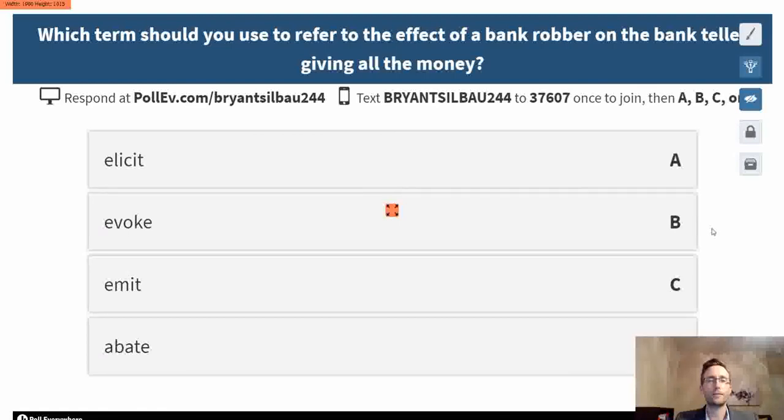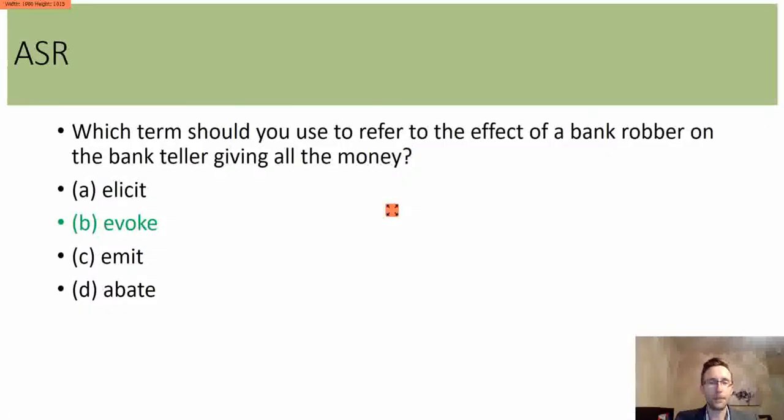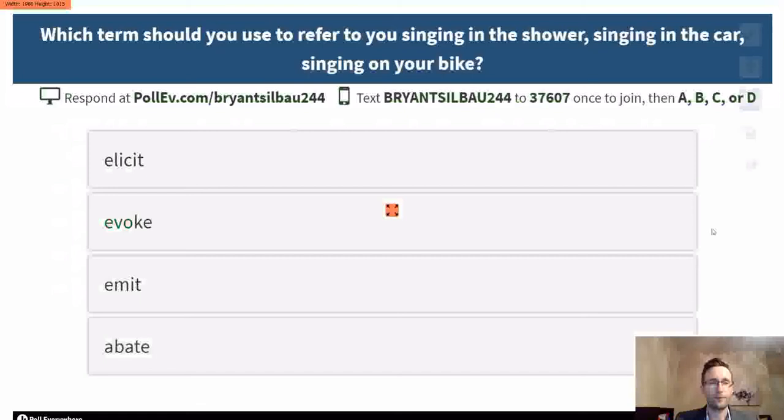The bank teller gives all the money. So what term do we use to refer to the effect of the bank robber on the bank teller's behavior? A couple more seconds. All right. The answer here is B, evoke. The bank robber threatening the bank teller momentarily increased the probability that the bank teller would give all the money.